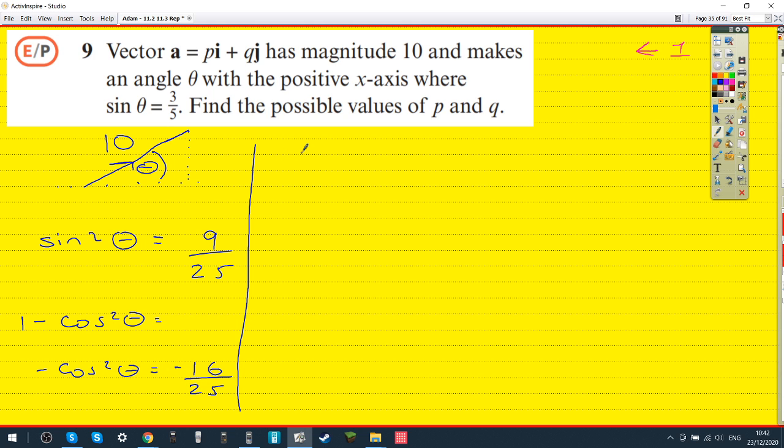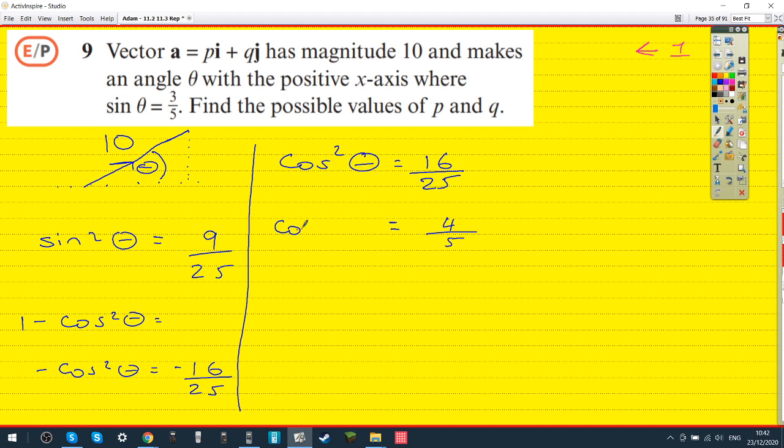And then you can multiply by minus 1 on both sides, which gives you cos squared theta equals 16 over 25. And then you can square root both sides, which is 4 over 5.